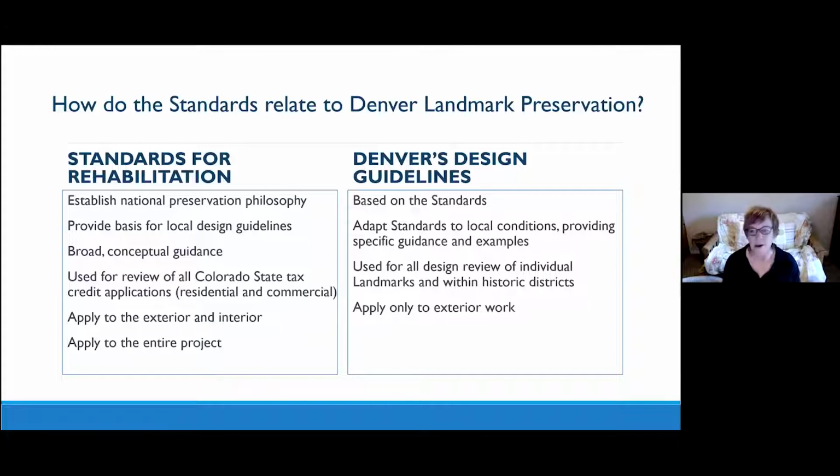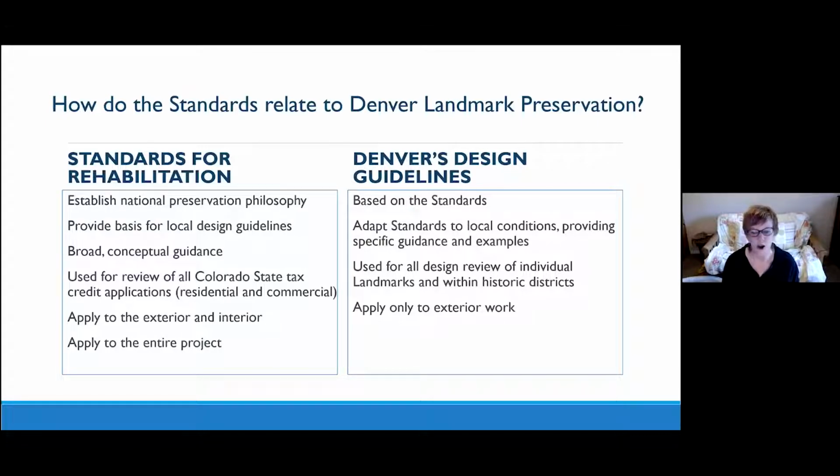They're really important to our work at Landmark as well, since they're the review criteria for tax credit projects. And these standards do apply to the exterior and the interior. So if we are reviewing your tax credit project, we are looking at both the exterior and the interior. And they apply to the entire project.